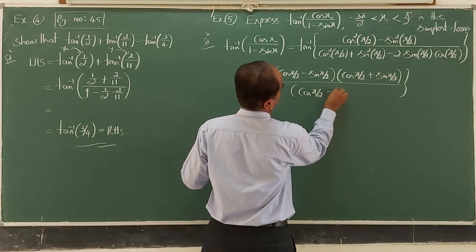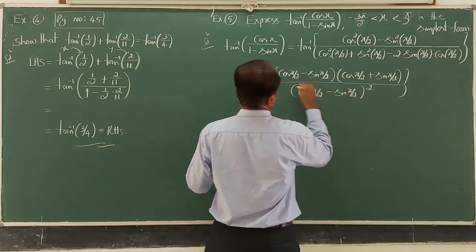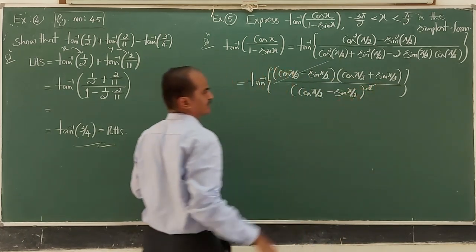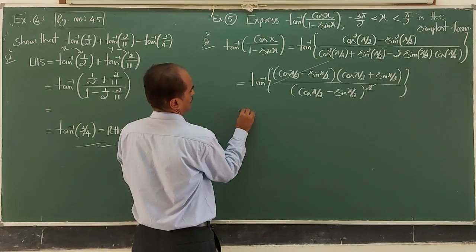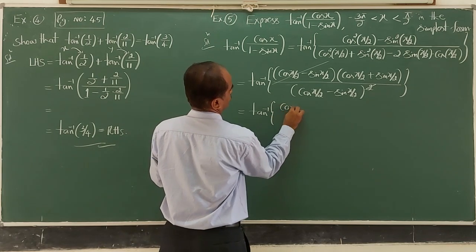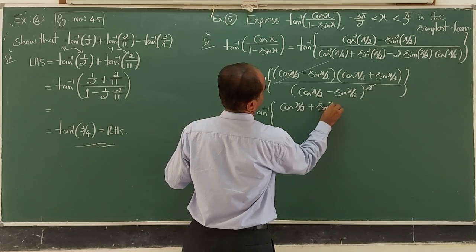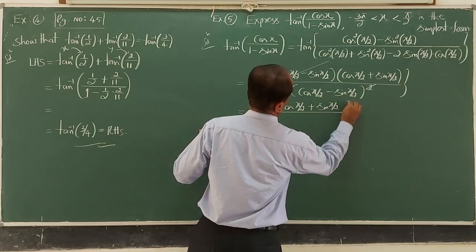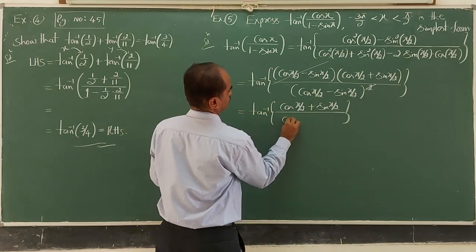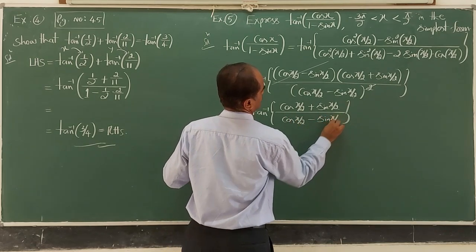That is cos x by 2 minus sin x by 2 whole square. Now clearly one of the factors gets cancelled, left with tan inverse of cos x by 2 plus sin x by 2 divided by cos x by 2 minus sin x by 2.